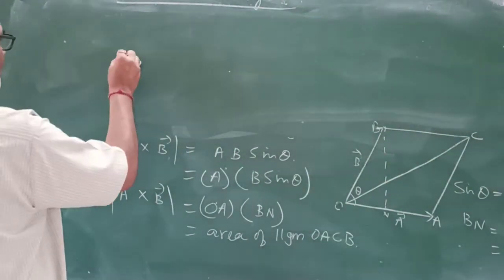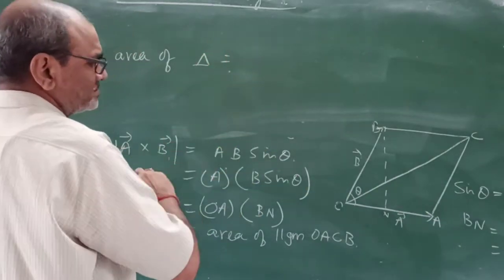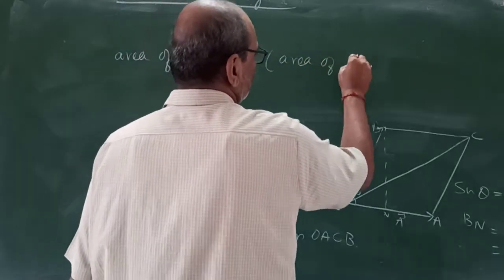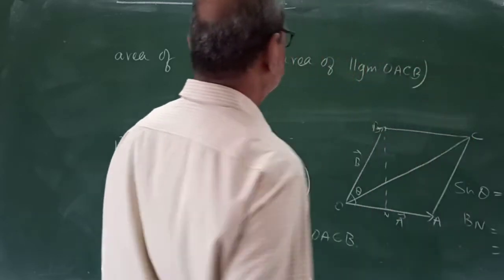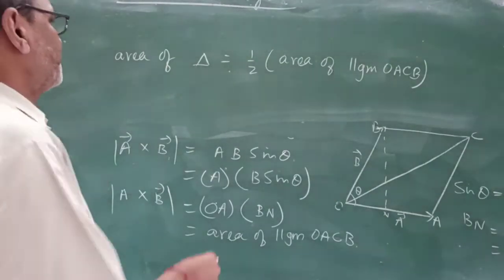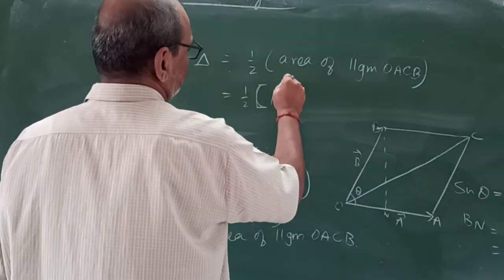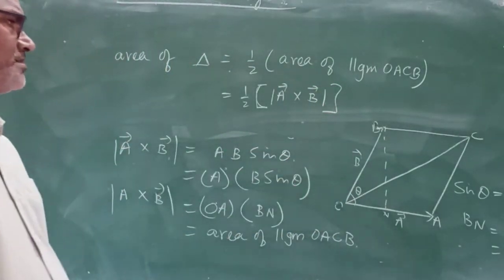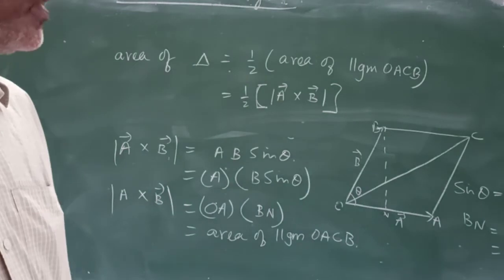Therefore, area of any triangle is equal to half of area of parallelogram OACB. Is it or not? Then we can also write half A cross B. Area of triangle is equal to half modulus of A cross B. Then we can find the area of the triangle. Is it clear?